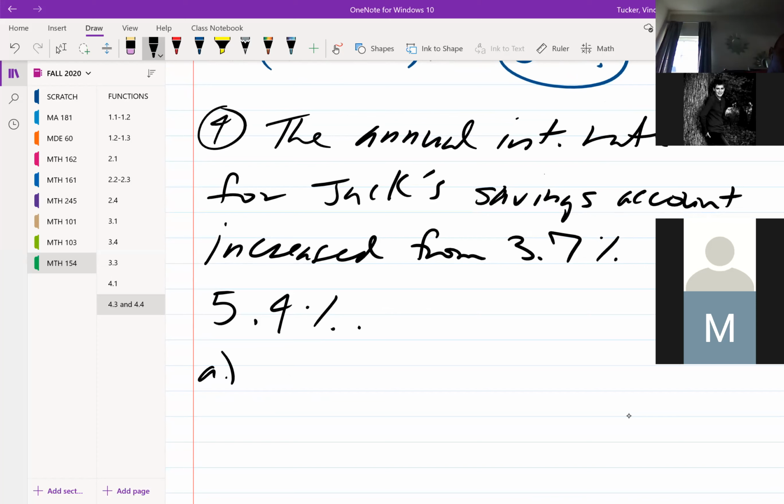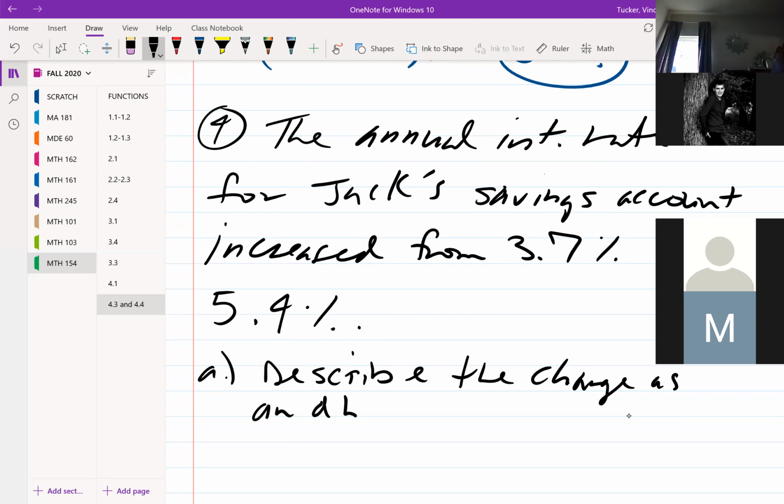And first one, describe the absolute change.